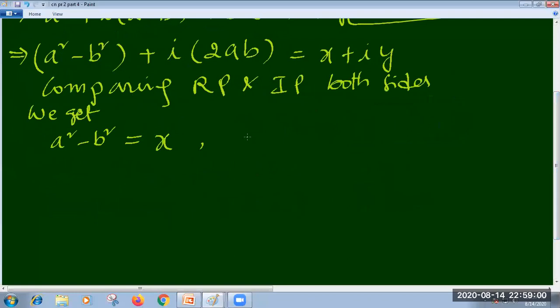Imaginary part: left side 2ab, right side y. So this is x value, this is y value. Comparing real and imaginary parts, we get x and y values.